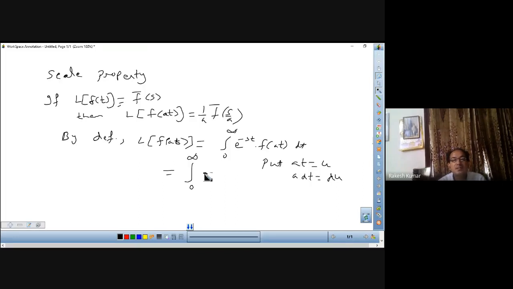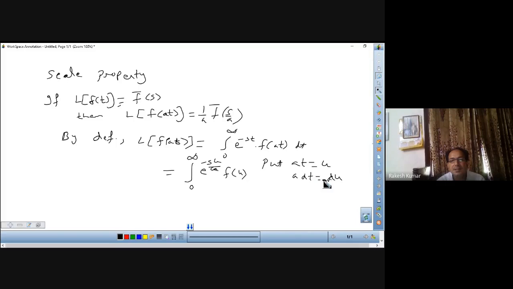So the limits are the same now. e raised to power minus s. What will be t? From this equation, t comes out to be u upon a. And what is f of at? The value of at is u.